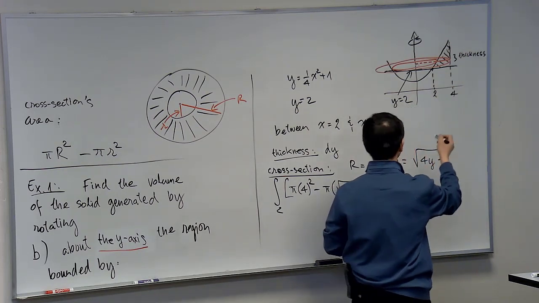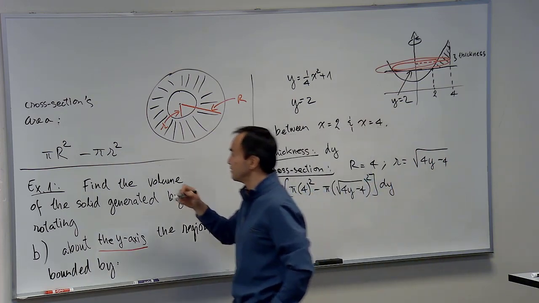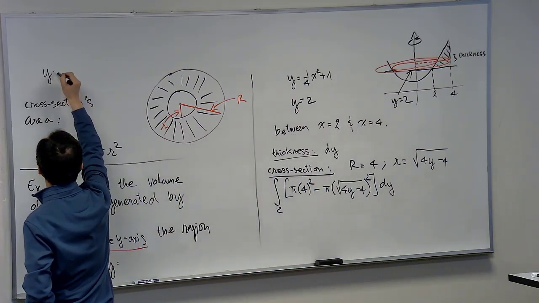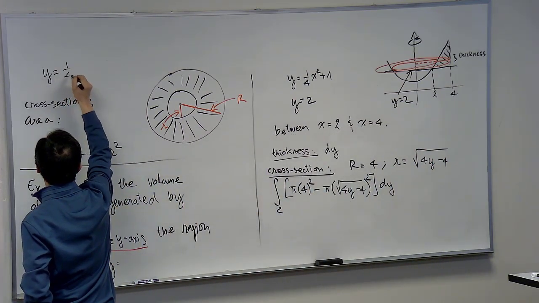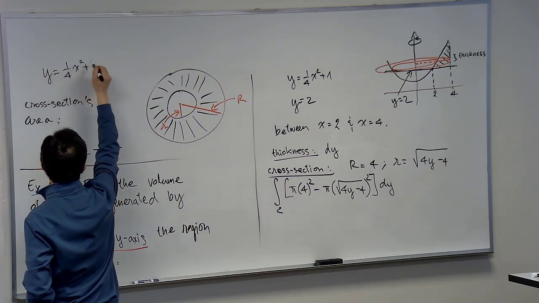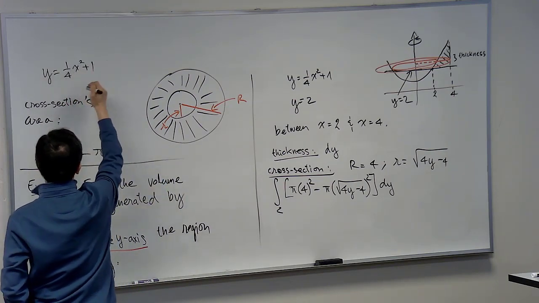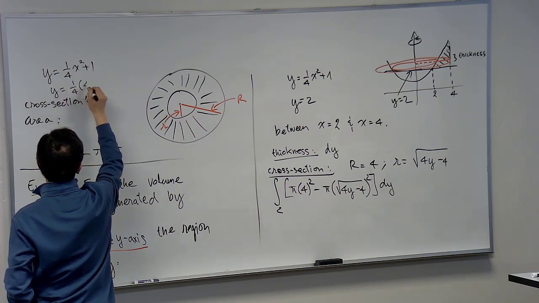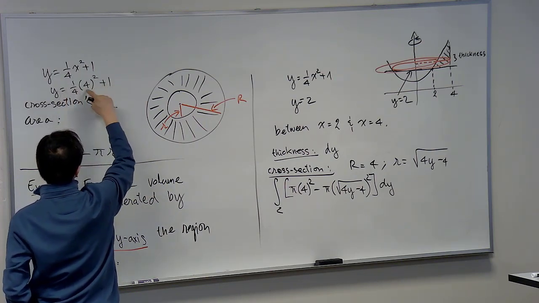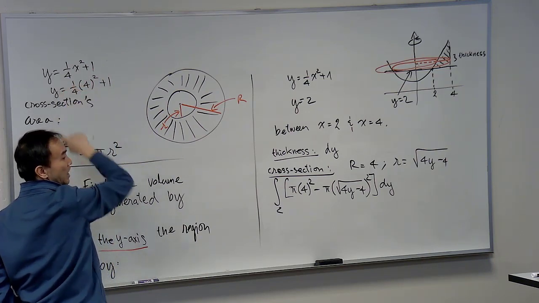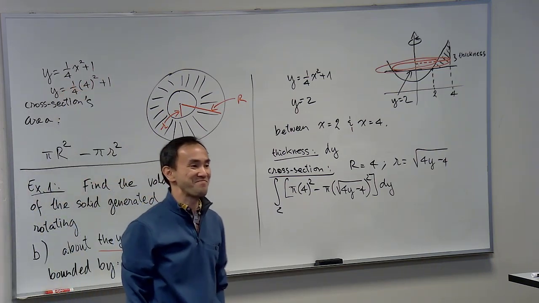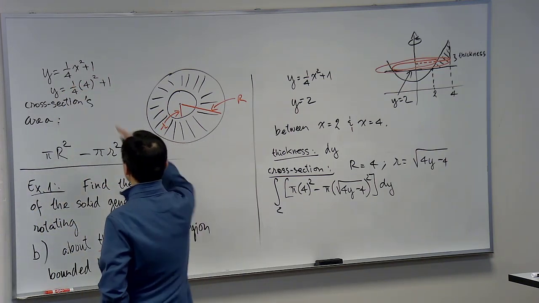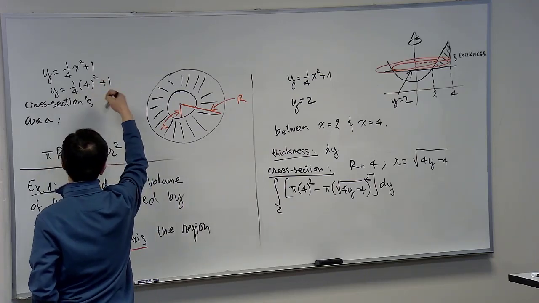So for the curve itself, we can use the original version: y equals 1/4 x squared plus 1. When x equals 4, y equals 1/4 times 4 all squared plus 1, because we want to find out what y value it reaches. 4 squared is 16, cancel with the 4, giving 4.